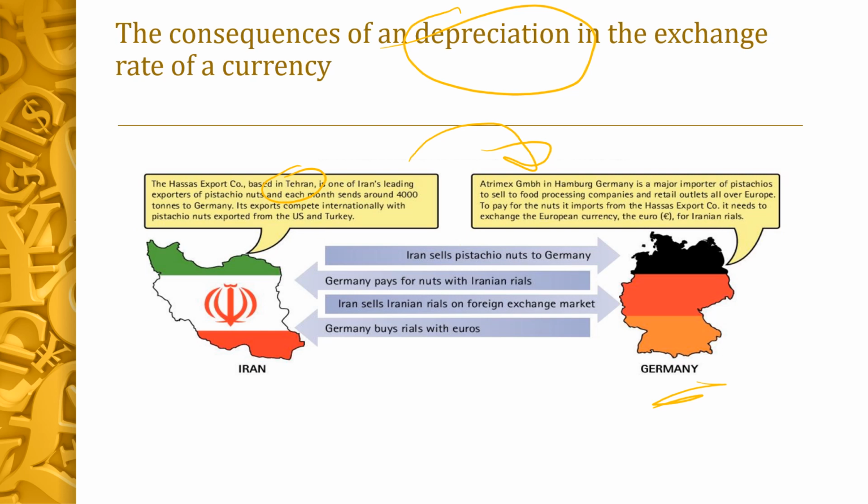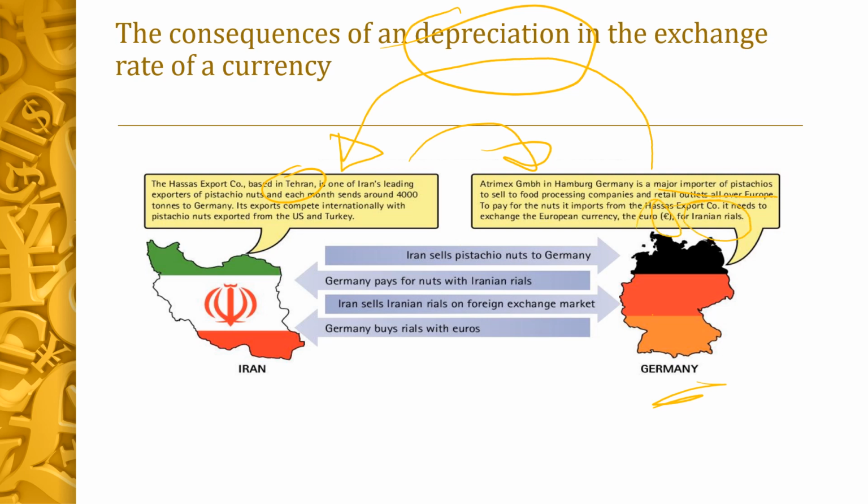So here we have something called international competitiveness. If they are exporting the nuts to Germany, it means Germany is the one importing the pistachio nuts from Iran. They are a major importer of pistachios to sell to food processing companies and retail outlets all over Europe.